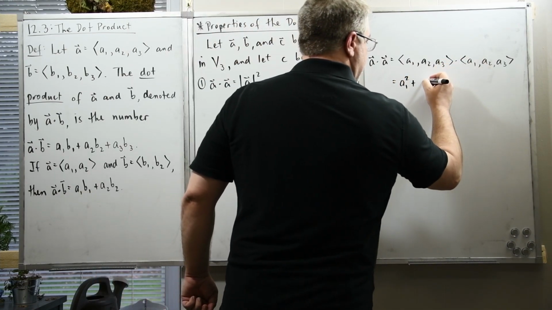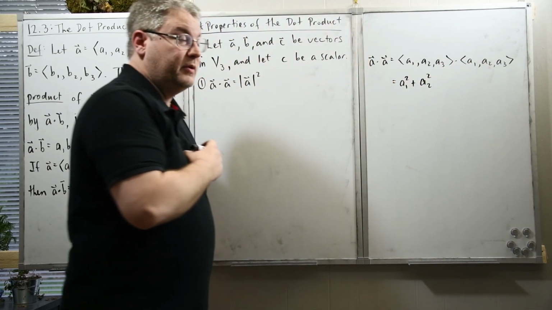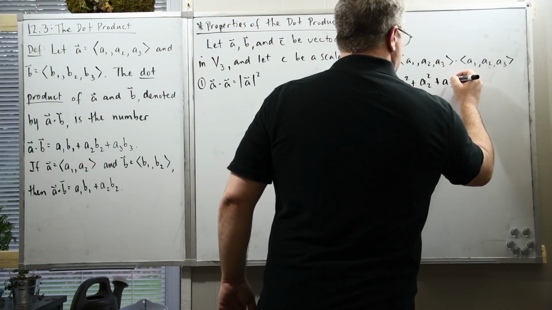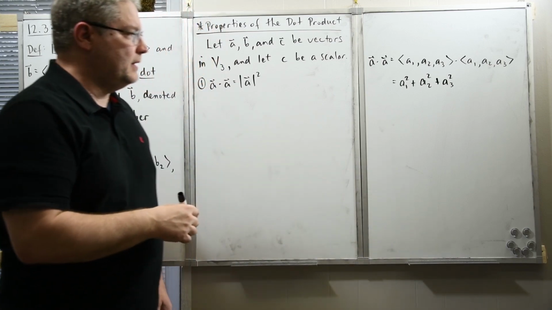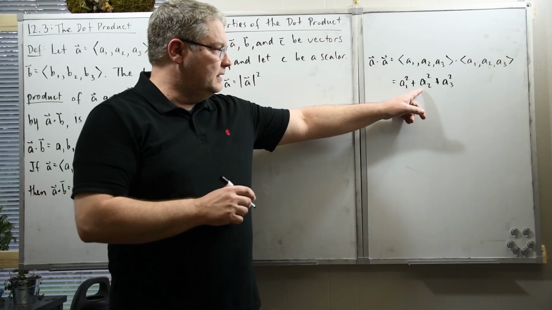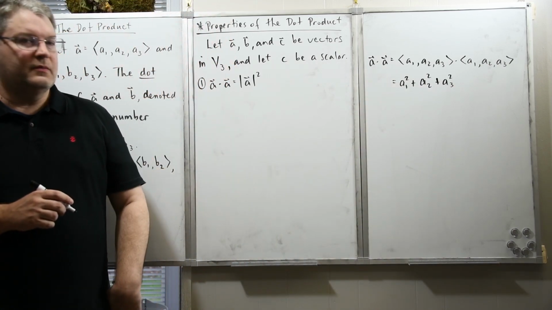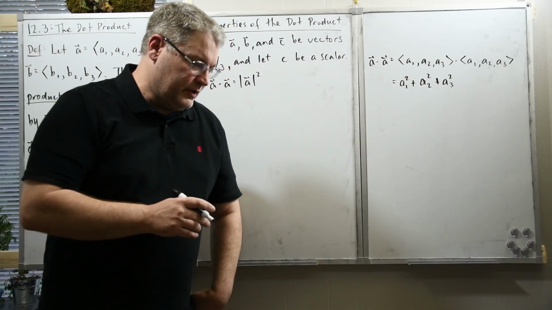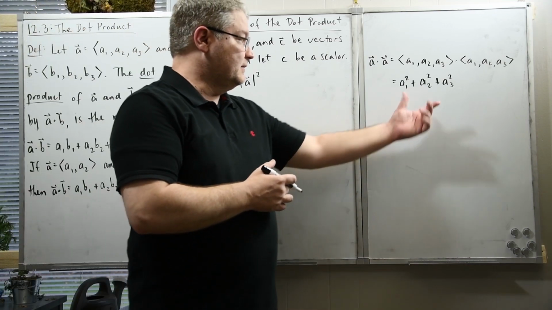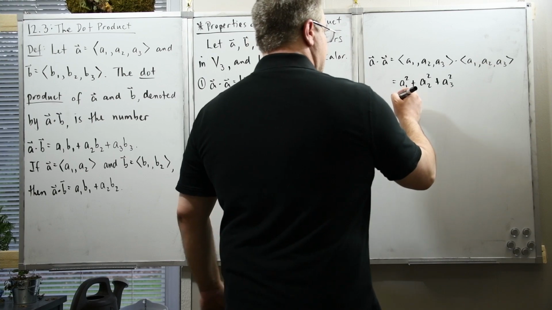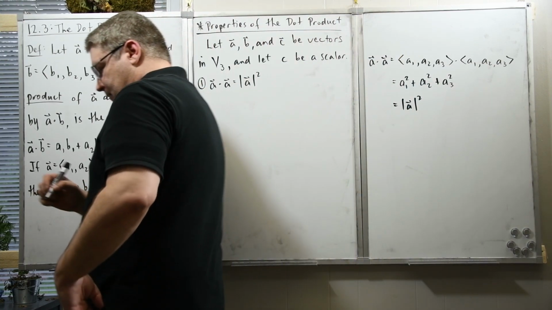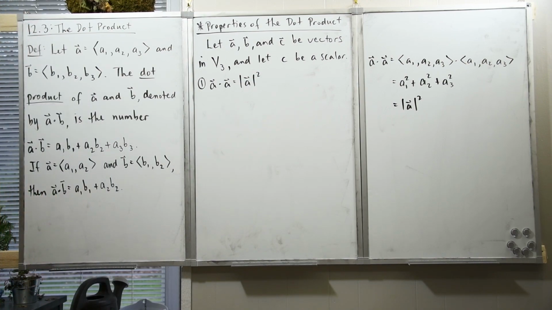Multiply the second components together, gives us A2 squared, and that's added to what we had before. You multiply the third components together, you get an A3 squared, and that's added to what we had before as well. Well, this is the sum of the squares of the components of A. We know the magnitude is the square root of the sum of the squares of the components of A. This doesn't have the square root, and so it turns out that this is the same thing as the square of the magnitude of A.